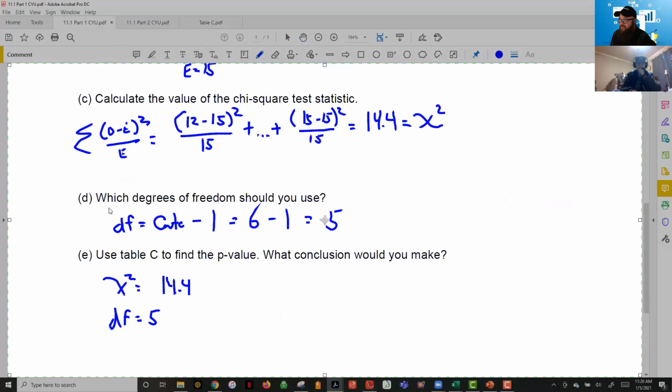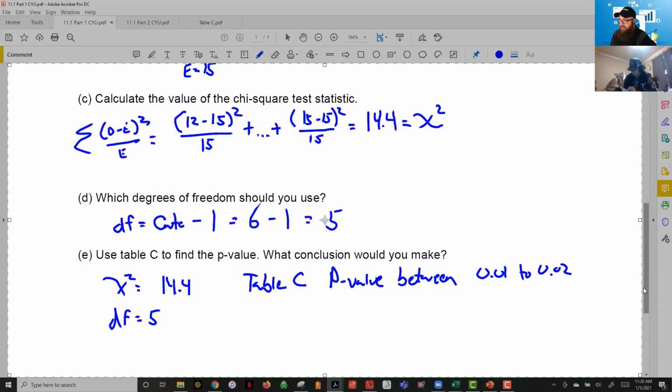So looking back at this setup, it's asking what conclusion would you make by using the table. I know a lot of you are not putting this on there. I know you're looking at the table, and some are using a calculator, but right on there you'd write: table C, p-value between 0.01 and 0.02. So that's the p-value you're looking at.